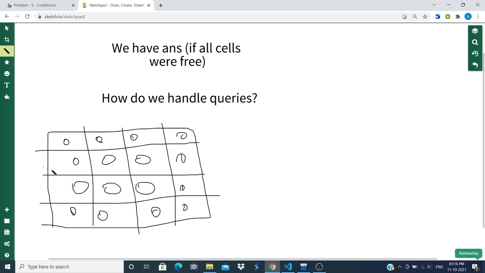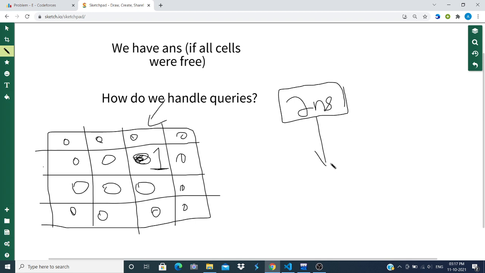Suppose we make this cell one, and we want to know how our answer changed, what is our delta factor. If our initial answer is the answer before applying any query, by how much will our answer change?